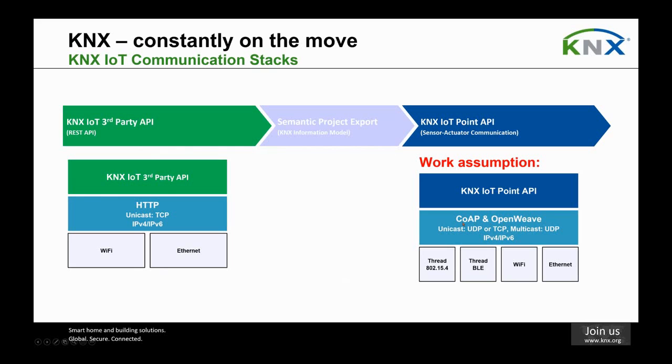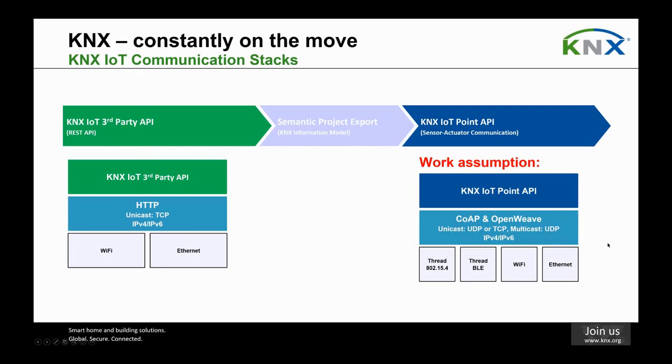It would use the application protocol CoAP, and we are also looking into OpenWeave. This is still a possibility. This is not yet fully decided. Communication would be unicast via UDP or TCP, and multicast would be UDP.